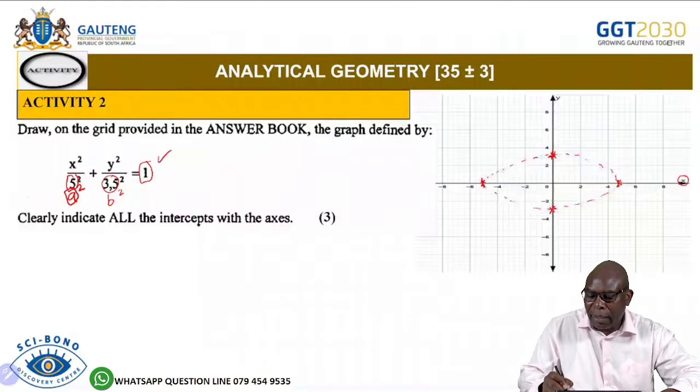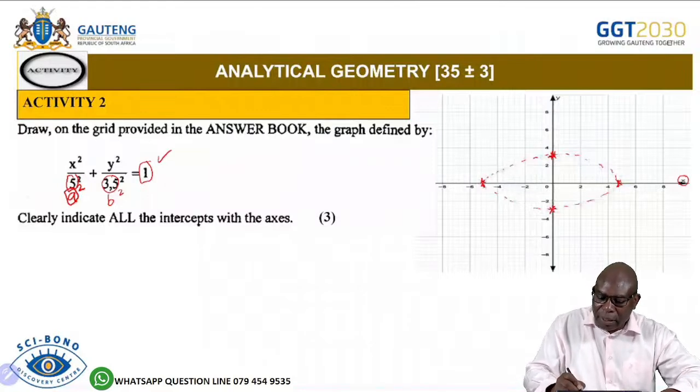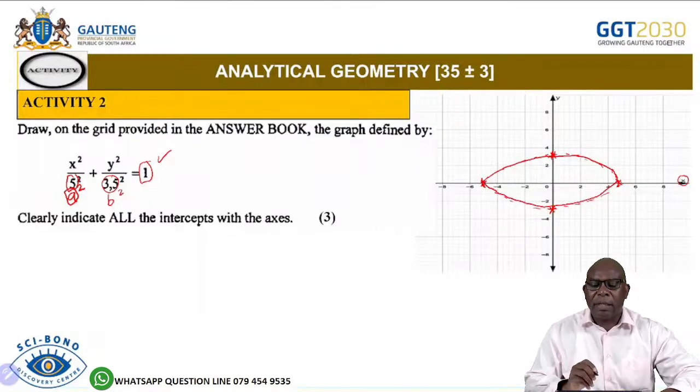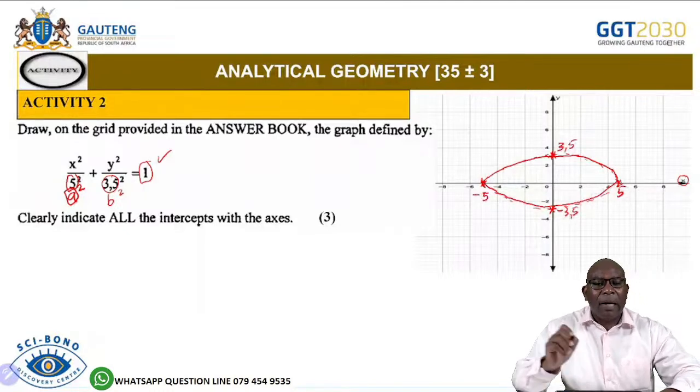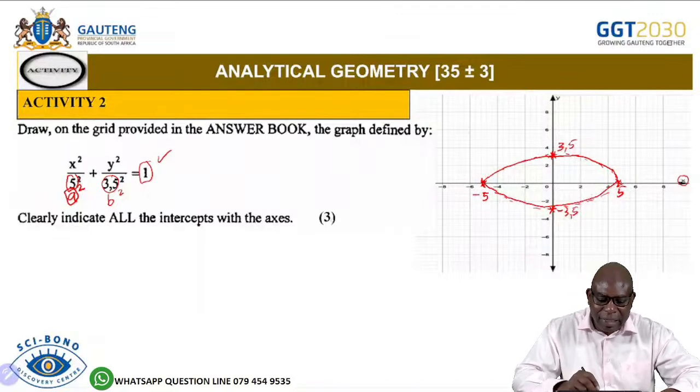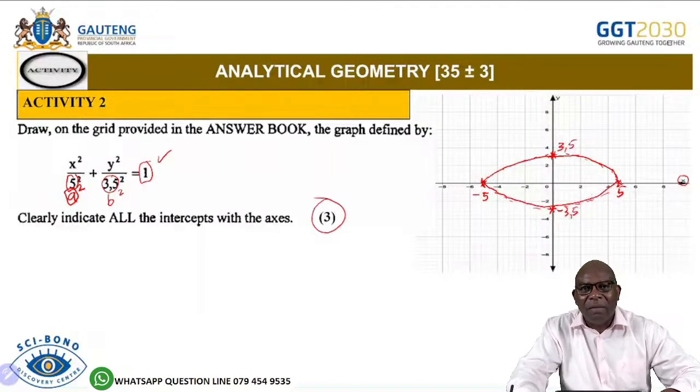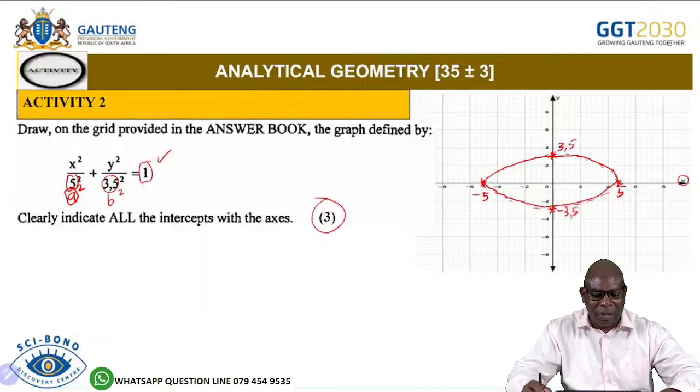Then I complete this with my freehand, and I've got my nice ellipse, and I write down 3,5, negative 3,5. I write down 5 and negative 5, and I'm done. And this is an easy 3 marks that everyone must get at the end of the year.